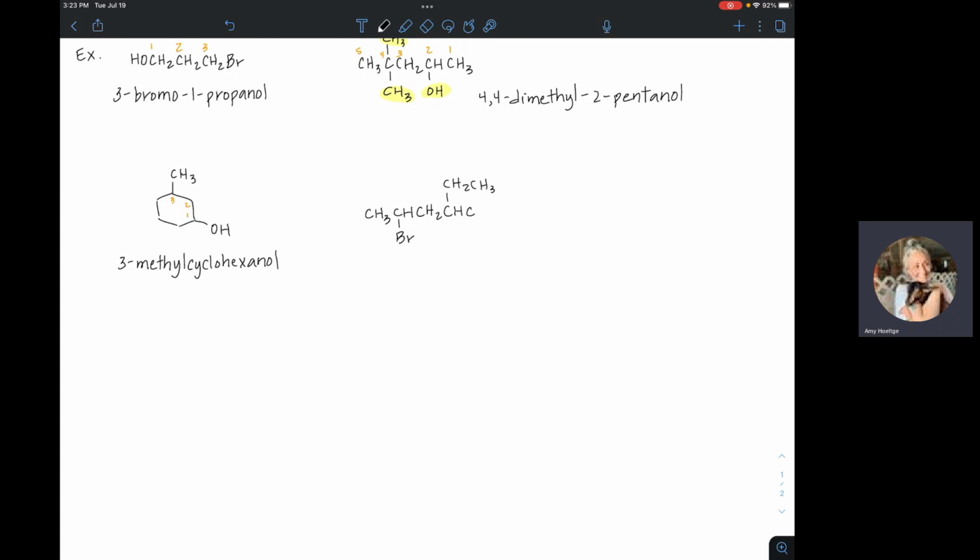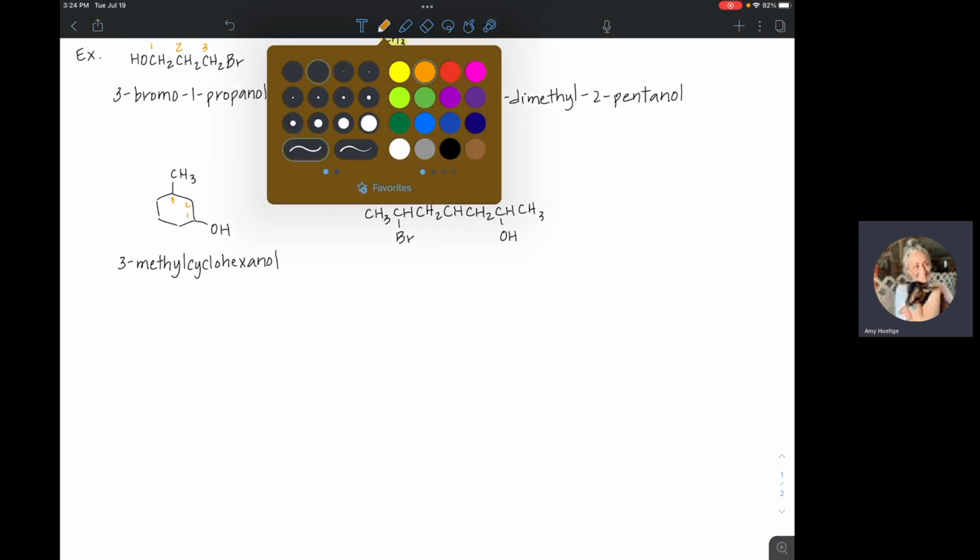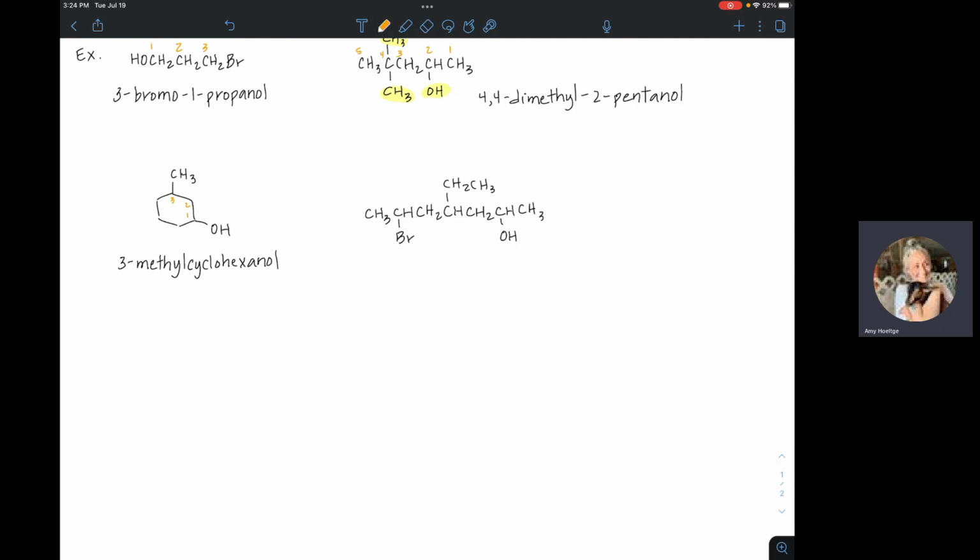I guess we could just put methylene and stick the hydroxyl group here. So again, you want to count this thing in a direction that gives priority to the alcohol. So we're going to come at this from the right.